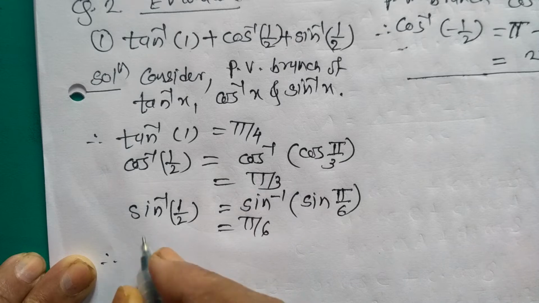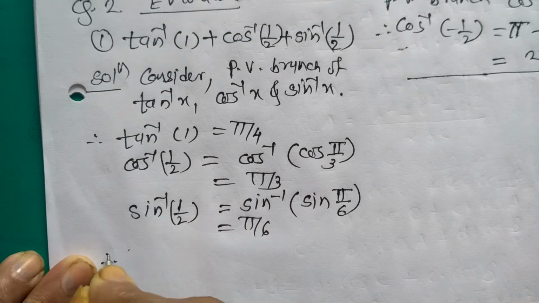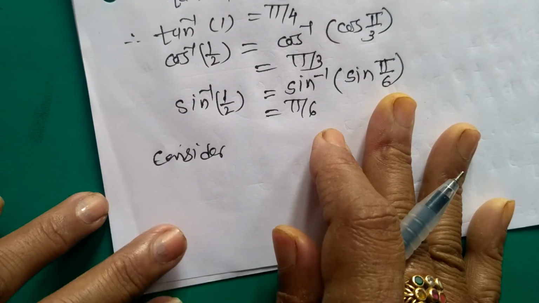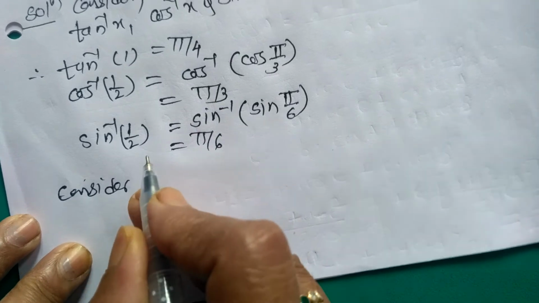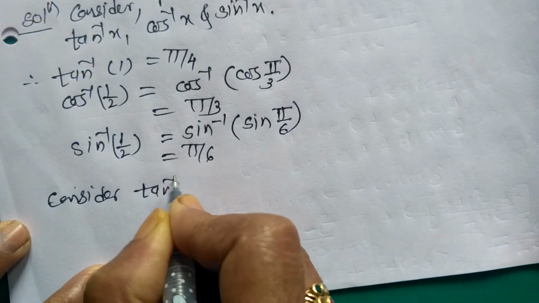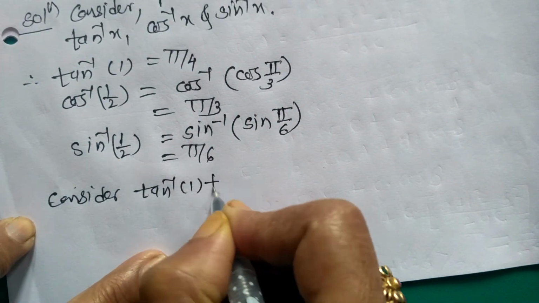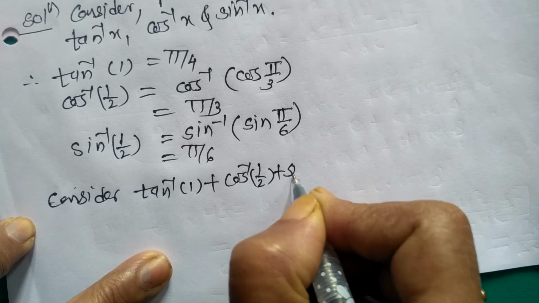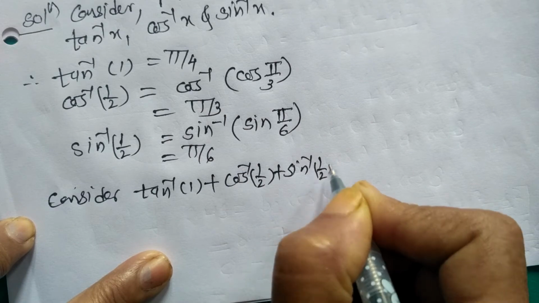Now, to find the value of the expression, we consider the expression tan inverse 1 plus cos inverse half plus sine inverse half.